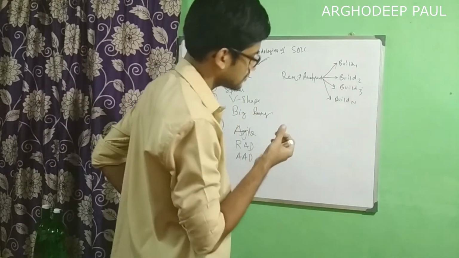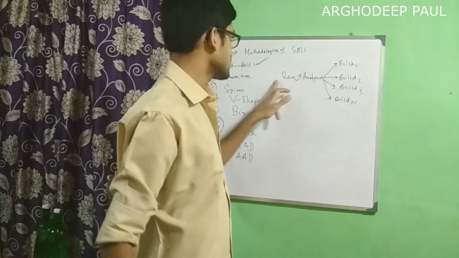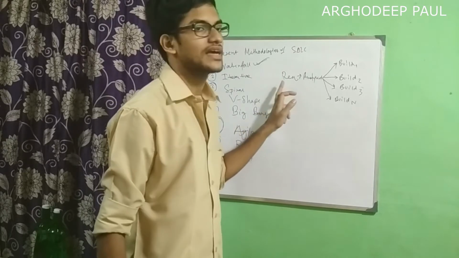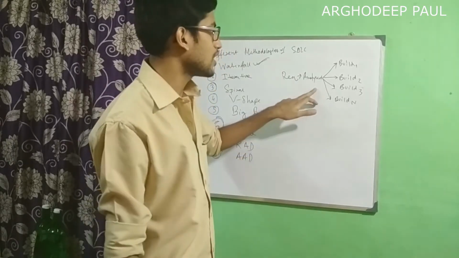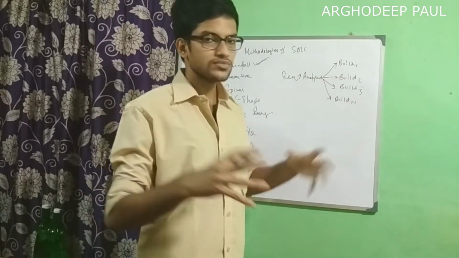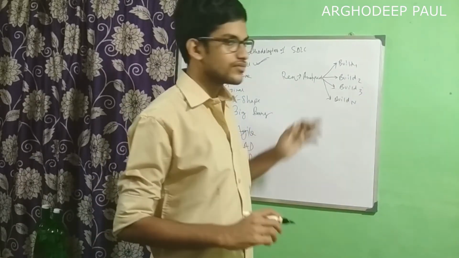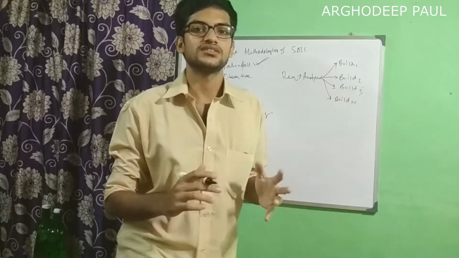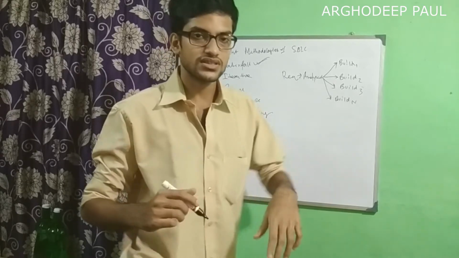What does it mean? It means in the iterative model, first the client's business requirements will be gathered and analyzed further, but rather than adding all of those features together at once, we would first create the smallest prototype of that project. It means the first working model of that project, which is also known as a prototype.